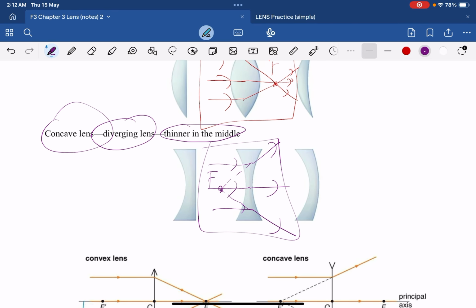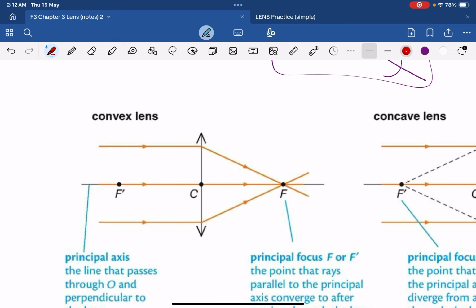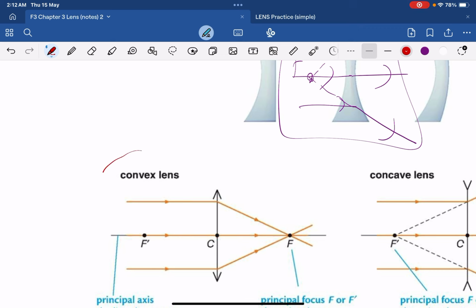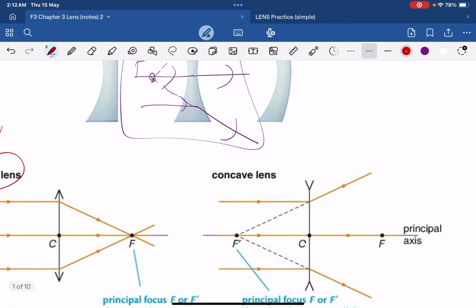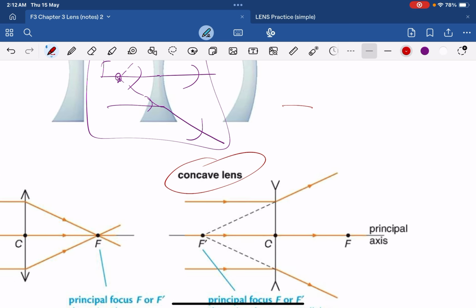And we need to know how to draw the ray diagram. For the convex lens, we have a symbol like this. For concave lens, we have a symbol like this.